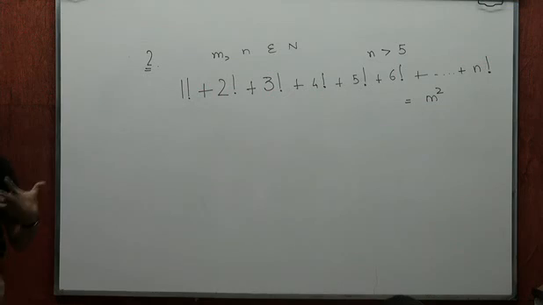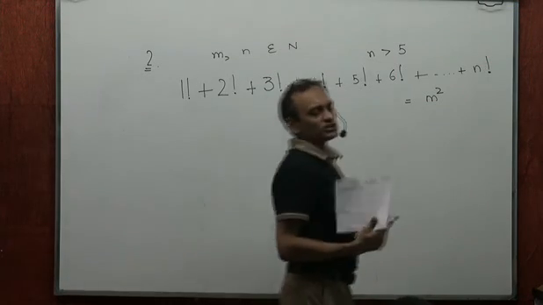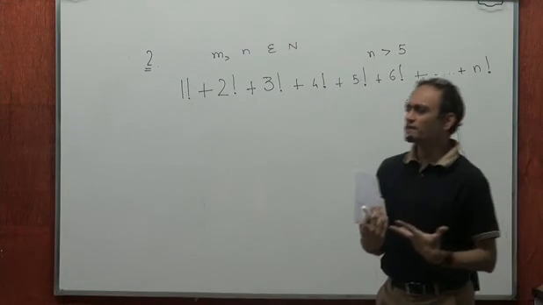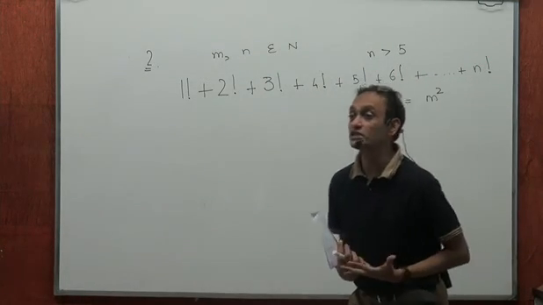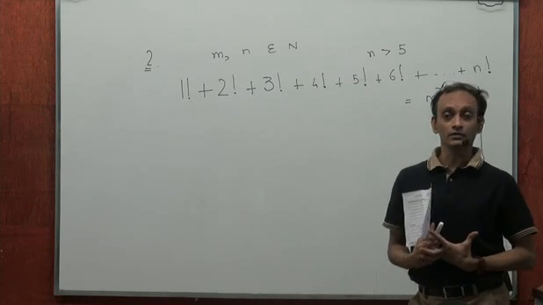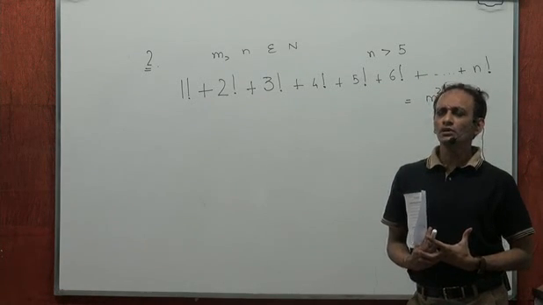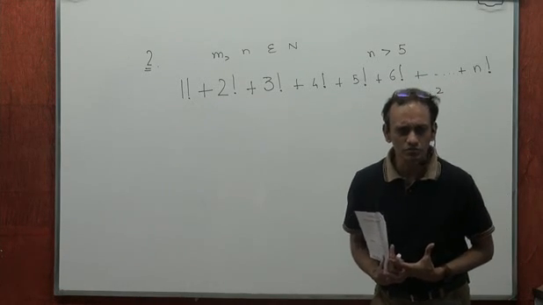Now once again, using conventional ways, there is nothing that I can do to explicitly obtain the values of m and n. Let's see first of all the feasibility of this condition.